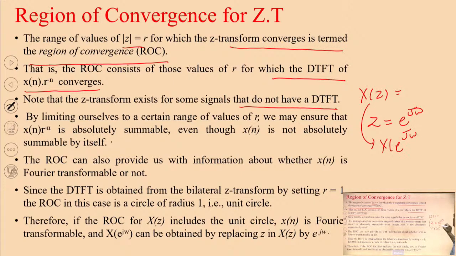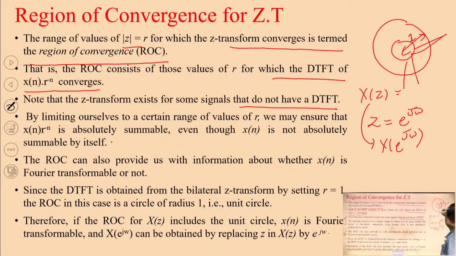But this is only possible when the signal is Fourier transformable. And what is the condition for Fourier transformable? Suppose this is the unit circle of radius 1, and your ROC is somewhat like this.